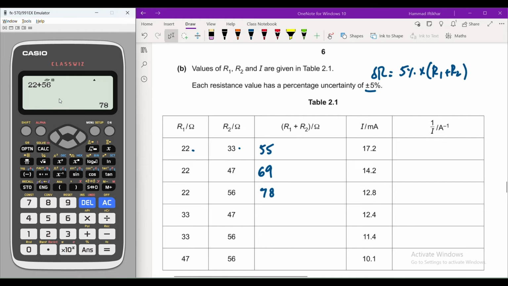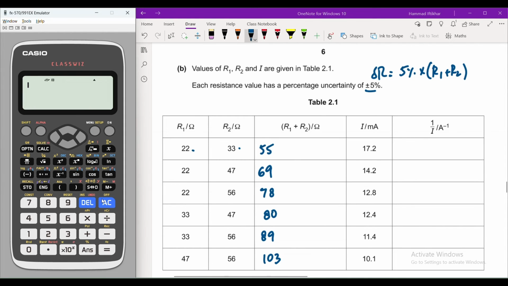Then we have 33 plus 47, we have 80. Then we have 33 plus 56, 89. And then we have 47 plus 56, 103.